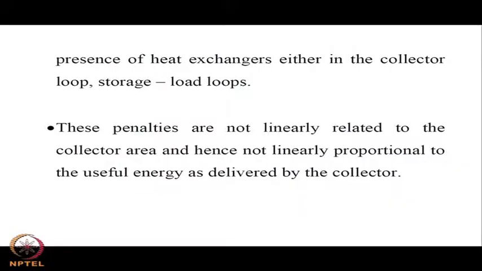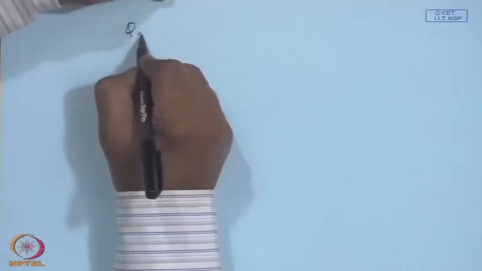Similarly, if you have got a particular type of control and there will be certain losses, or a heat exchanger, there will be certain losses, but again those losses are not proportional to the useful energy gain as delivered by the collector. So, collector is important in the sense that it does give the useful energy gain, but what we are interested in is Q_u system.